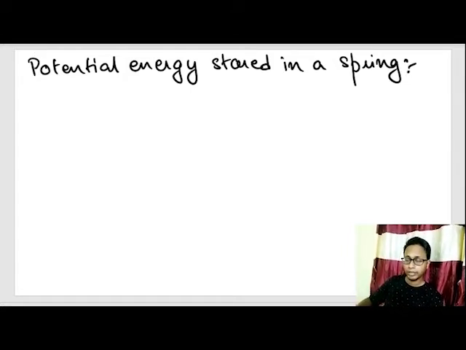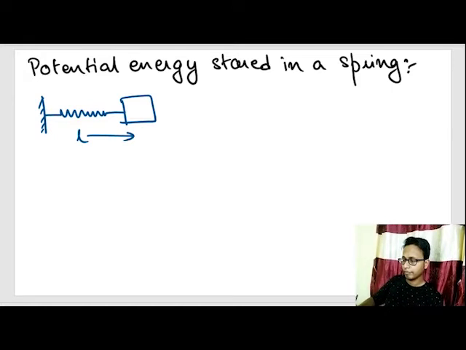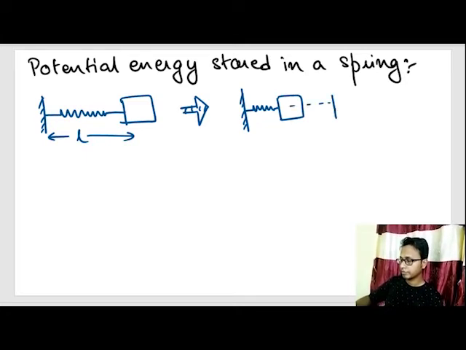Okay. So suppose a simple spring was lying around, of length L. What happens when you compress the spring? What happens if this spring is compressed by this much? Okay, the spring is compressed by this much.